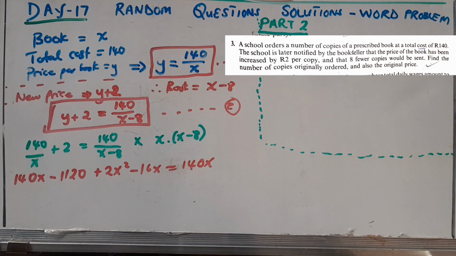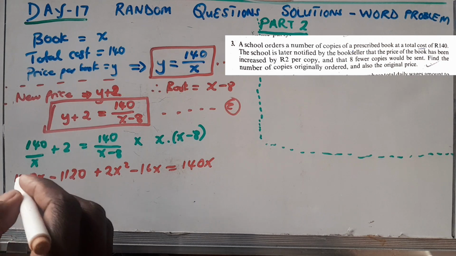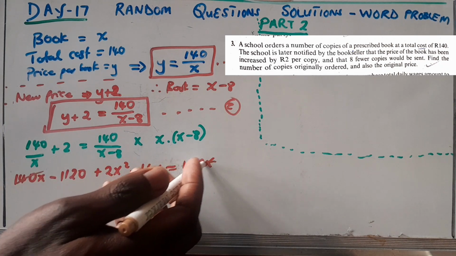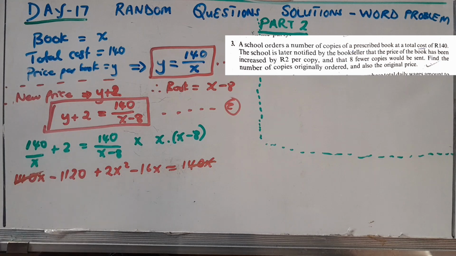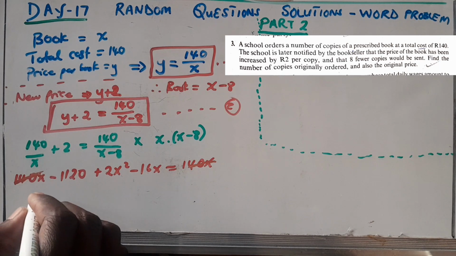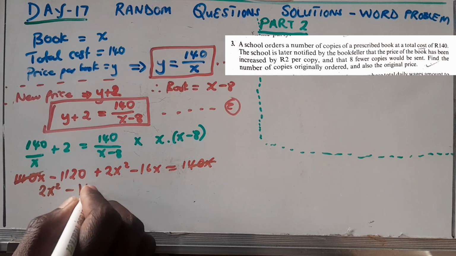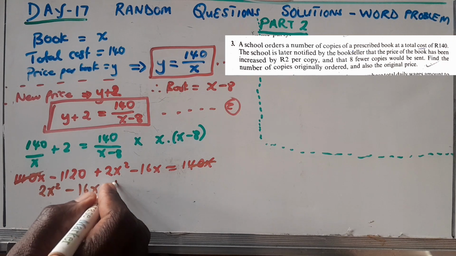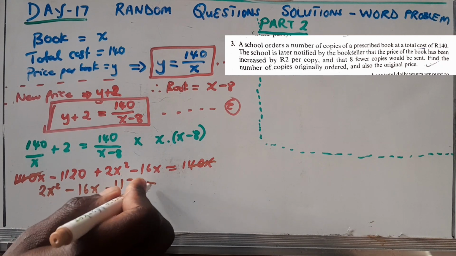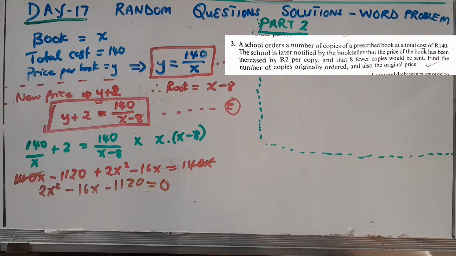So you can also learn how to multiply the fractions and how they cancel each other out. Now we have 140x on both sides. You can just cancel this 140x on both sides. So now we'll be left with 2x squared minus 16x minus 1120 being equal to 0.